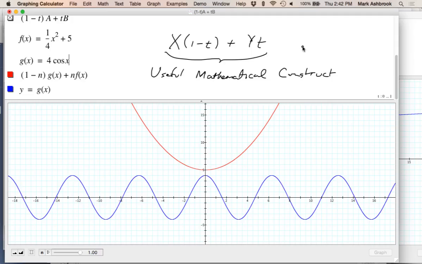Okay? But then as t is allowed to change from 0 to 1, how can you describe what you get? Or if you want to just spray all the t values between 0 and 1, what is it when t is not 0 or 1? Well, in terms of functions. But x and y could be anything, right?